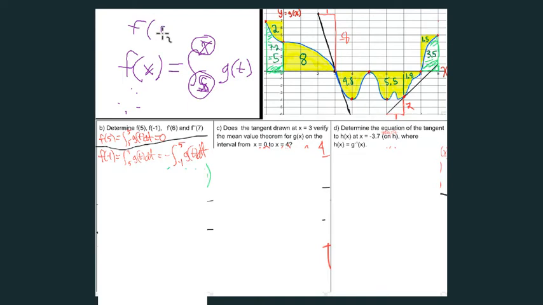F at negative 1 is going to be the integral from 5 to negative 1. Okay, integral from 5 to negative 1.